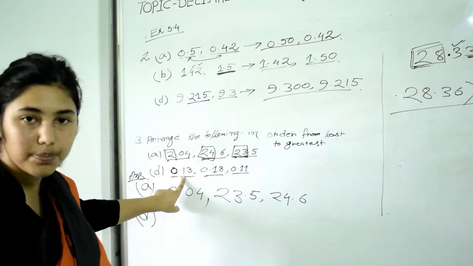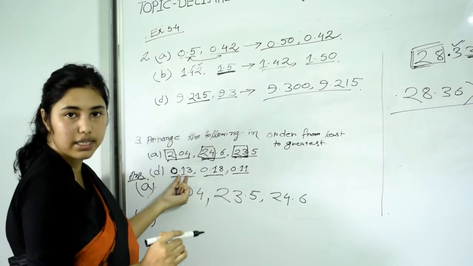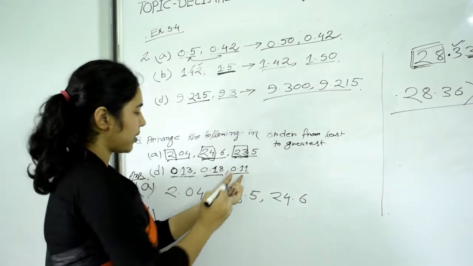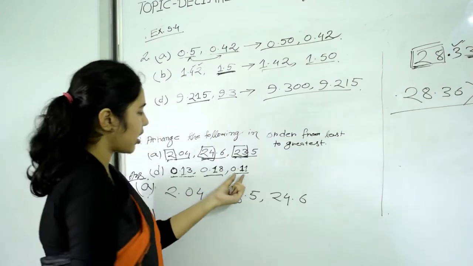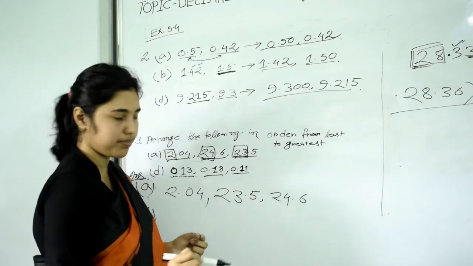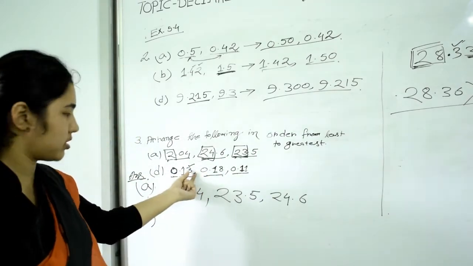Here in this number we have 1 in the 10th place, in this number also we have 1 and here also we have 1, right? So all these are equal. Next come to our 100th place.